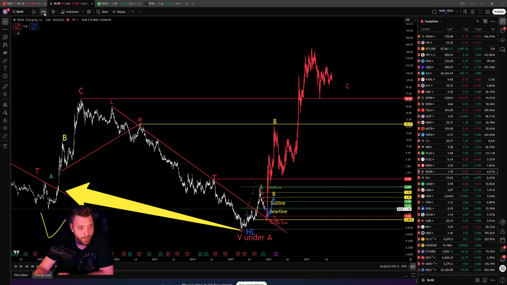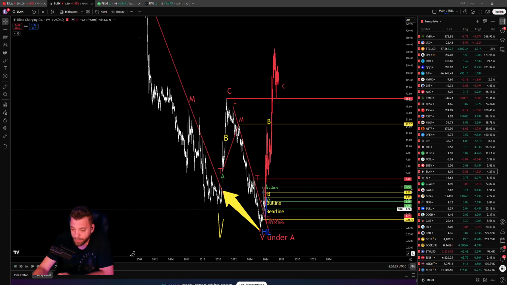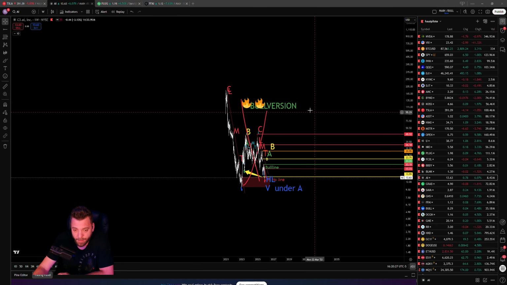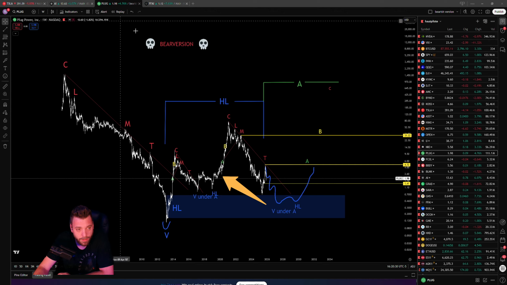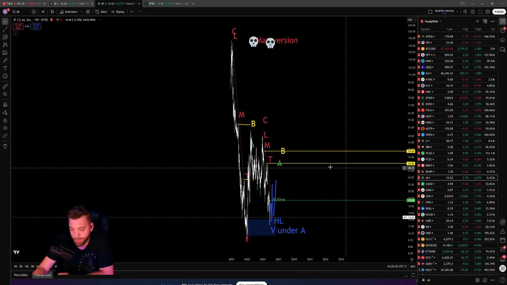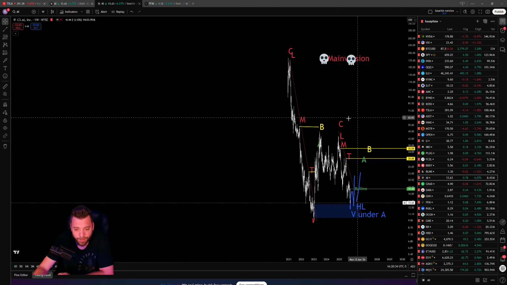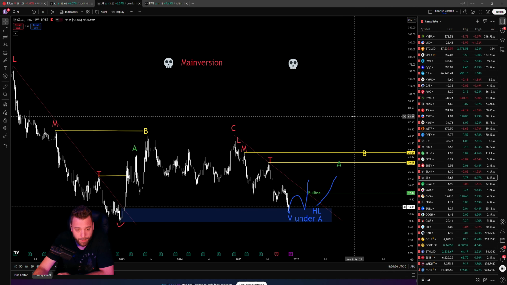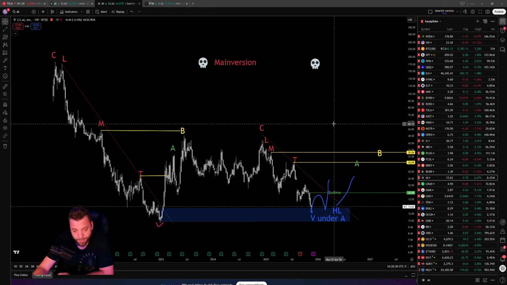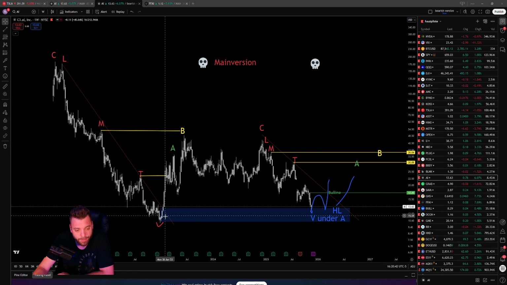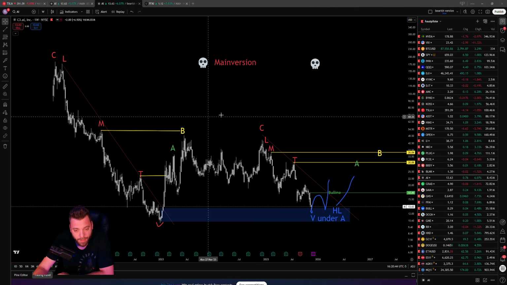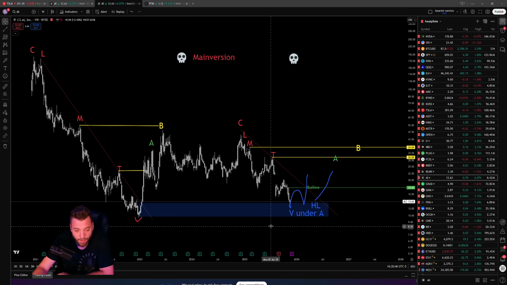Okay, next one is AI, except the bull version is dead. But the bear version is just the main version right now. Here also, you are in your third section right now, because this is the first one and this is the second one.